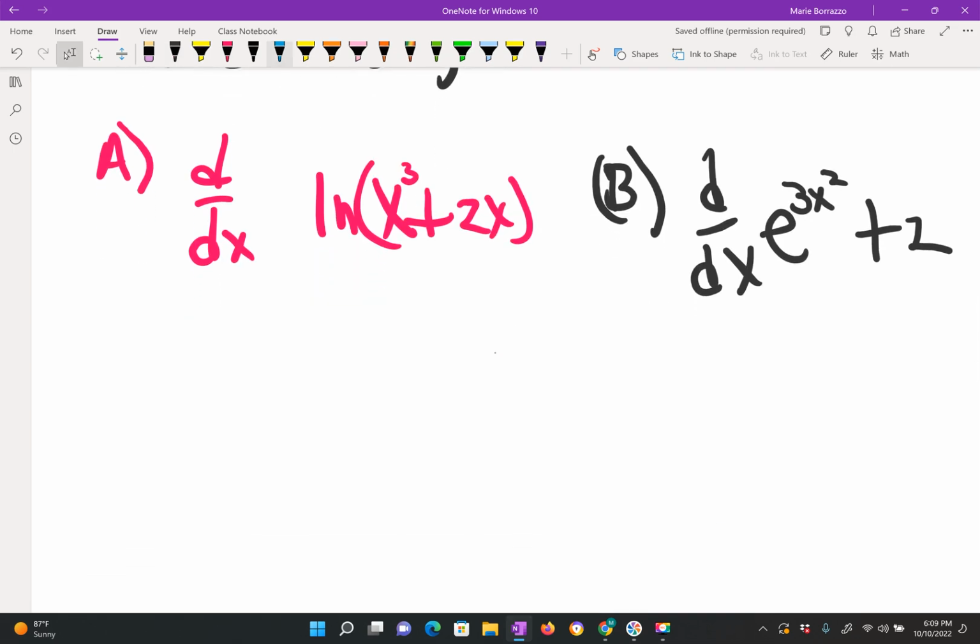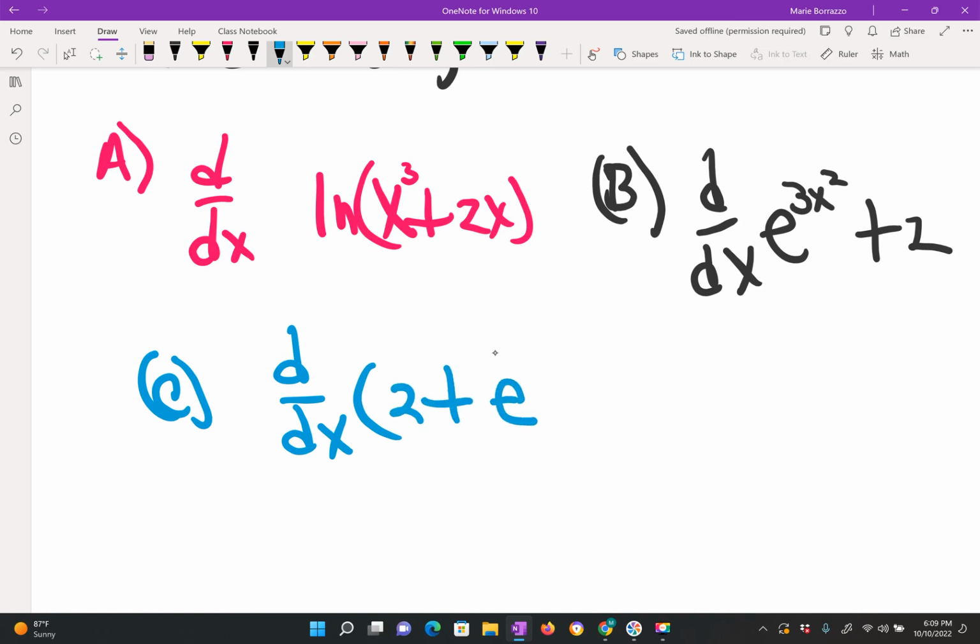And the last example I would like for you to try is d over dx of 2 plus e to the negative x squared to the 4th power. All right, give those a shot over a day or two, and then we'll start the class talking about these.